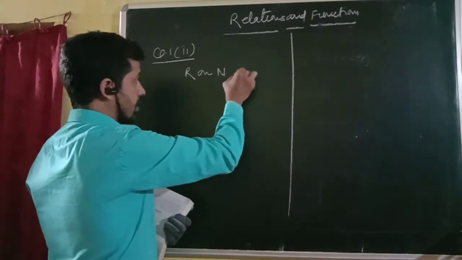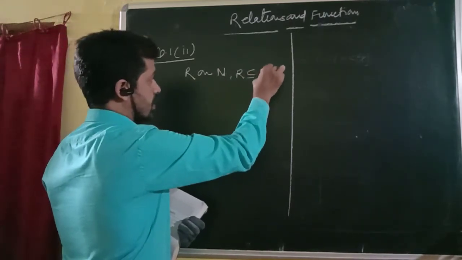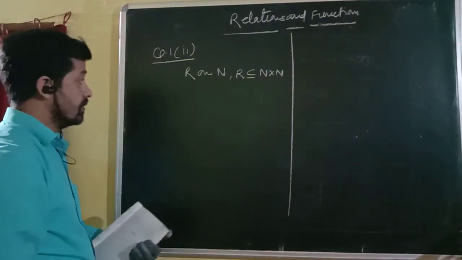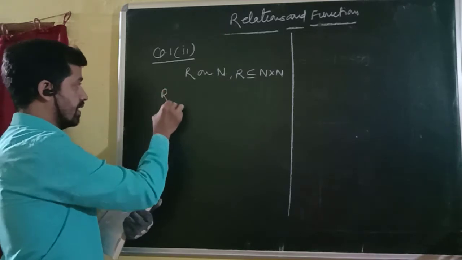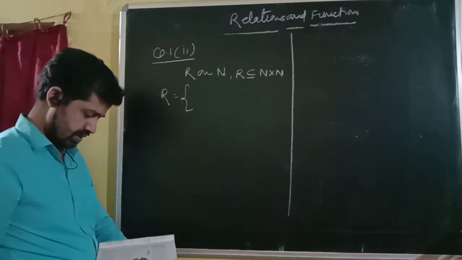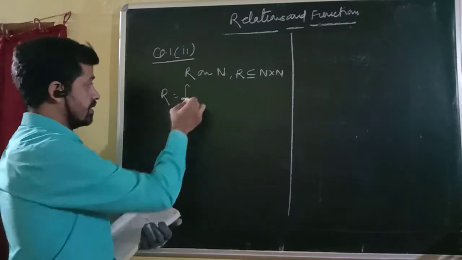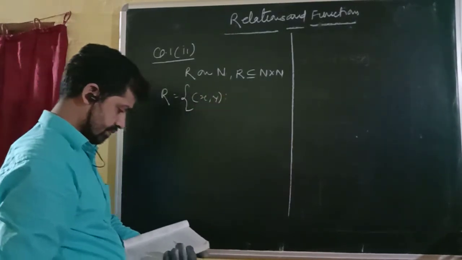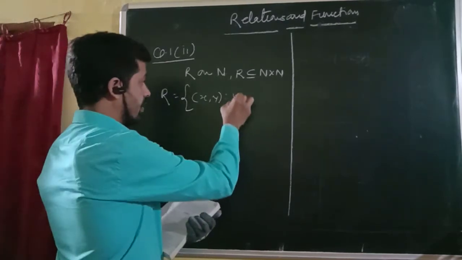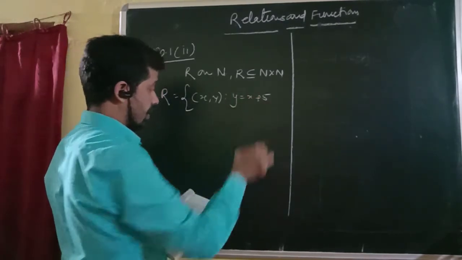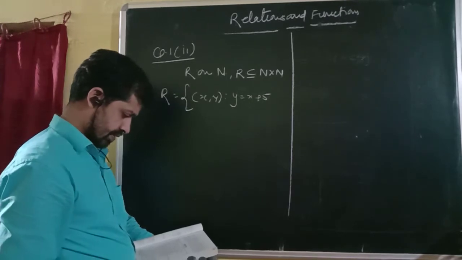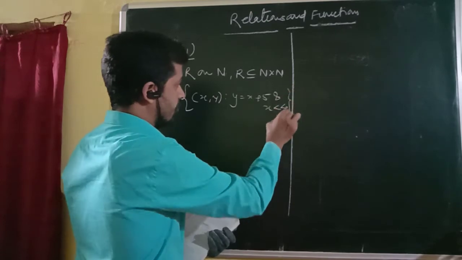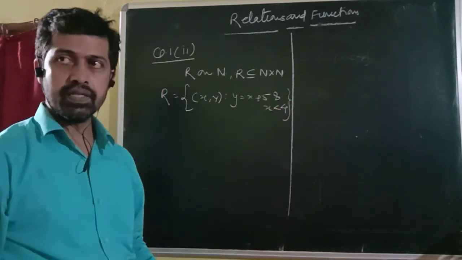That means the relation is a subset of N cross N. The relation is given in this way: the set of x comma y such that y equals x plus 5, also x is less than 4. This condition is provided.